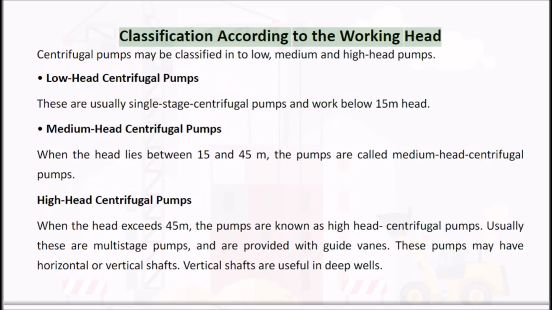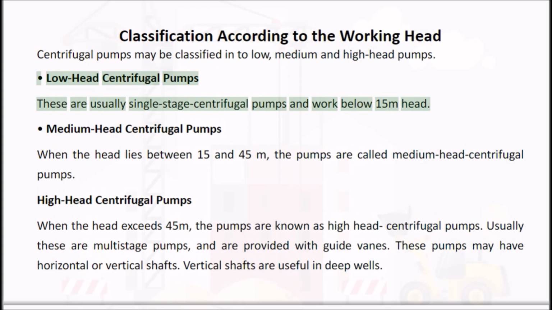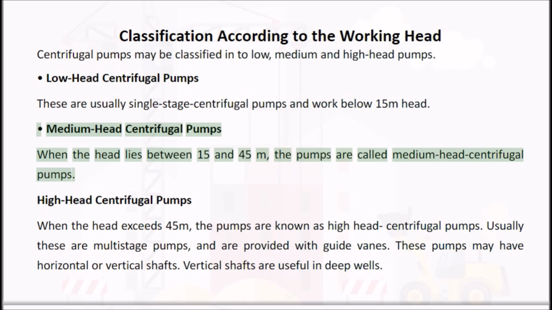Classification according to the working head. Centrifugal pumps may be classified into low, medium, and high head pumps. Low-head centrifugal pumps are usually single-stage centrifugal pumps and work below 15 m head.